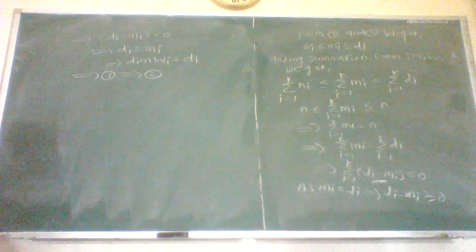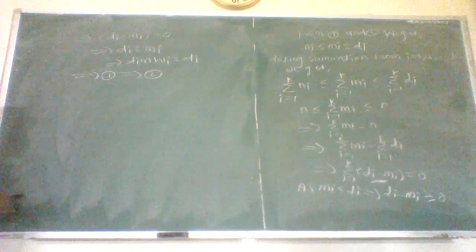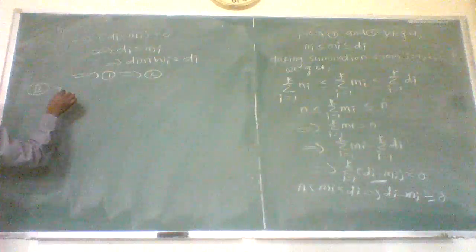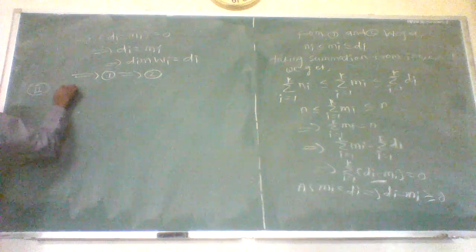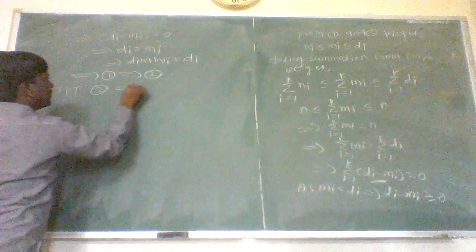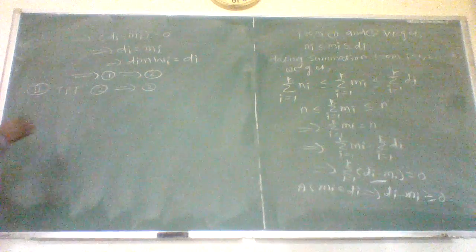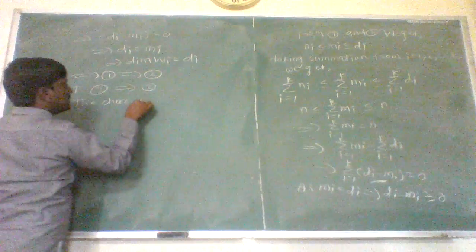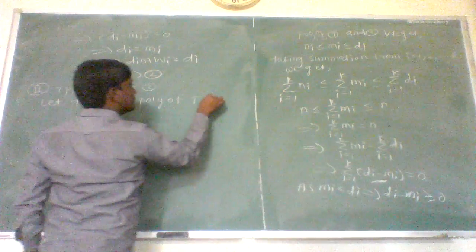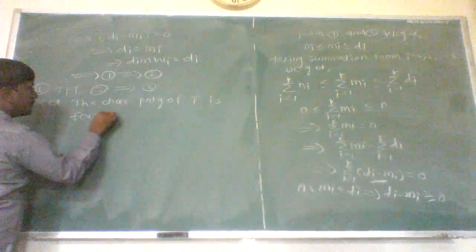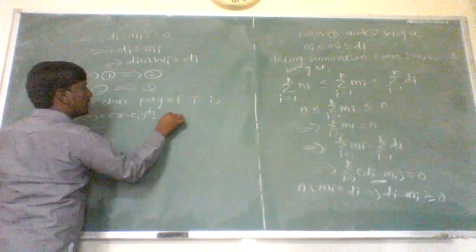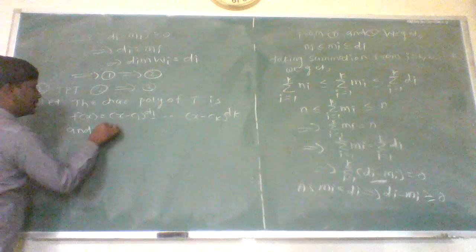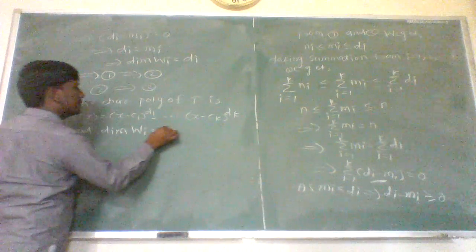Now we have to prove that 2 implies 3. Let the characteristic polynomial of T be f of x equal to x minus c1 to the power d1 up to x minus ck to the power dk, and the dimension of Wi is equal to di.